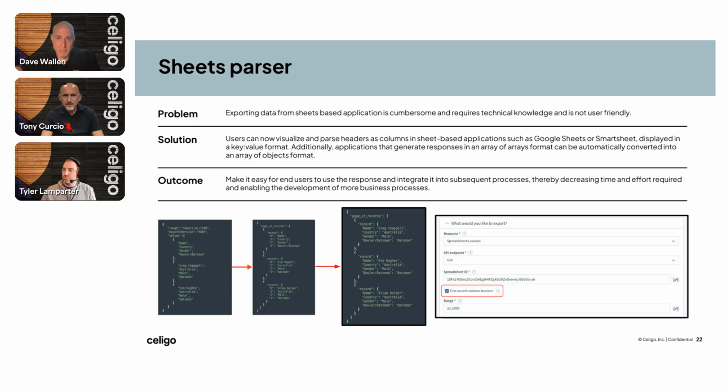What people had to do previously is create a script within Celigo that would take the first position, remove it from your records, and then add all those column headers to all your fields. But what we've done now is add a simple checkbox for Google Sheets, and later to other source connectors, where we'll actually flatten that out for you.